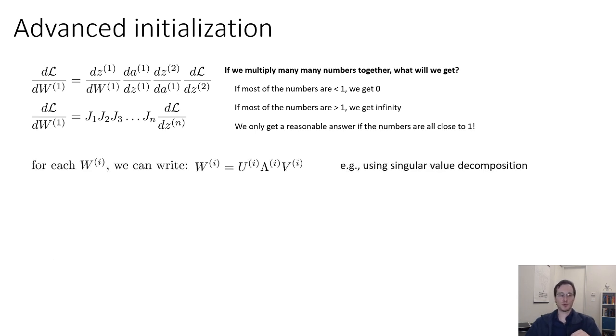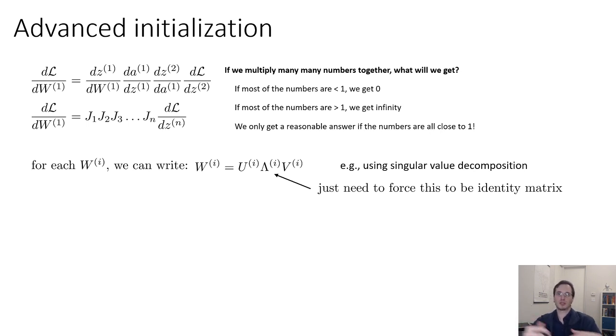So if we want these Jacobians to have eigenvalues around 1, we have to take our weight matrices, perform something like singular value decomposition on them, and then somehow force that lambda to be a matrix with 1s on the diagonal, to be the identity matrix. So if we can force lambda to be the identity matrix, then we'll have eigenvalues of 1 for our W's, which means that we'll have eigenvalues of 1 for the corresponding Jacobians, and everything will be good.